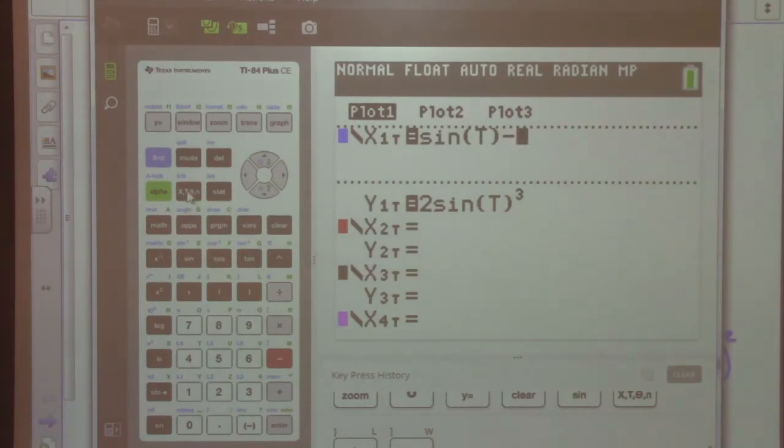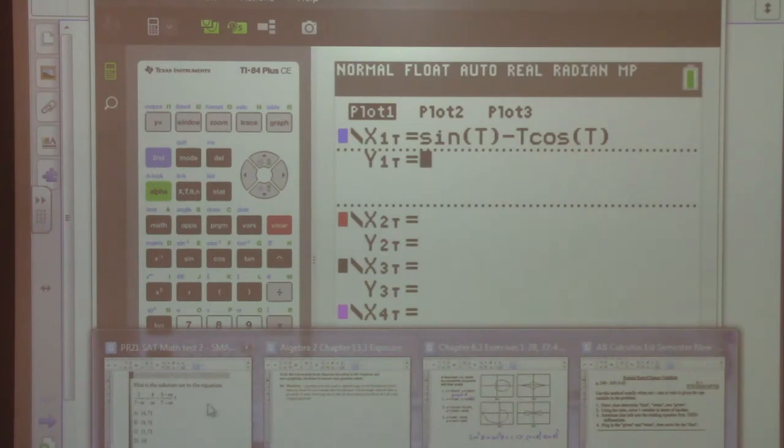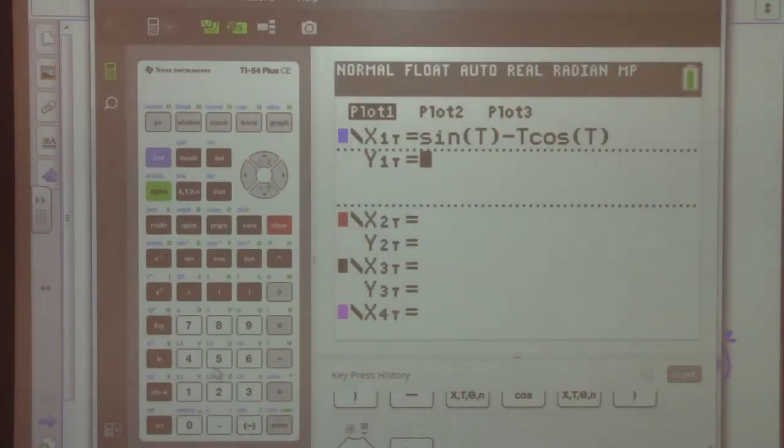And down here I'm going to clear that and put in cosine t plus t sine t.